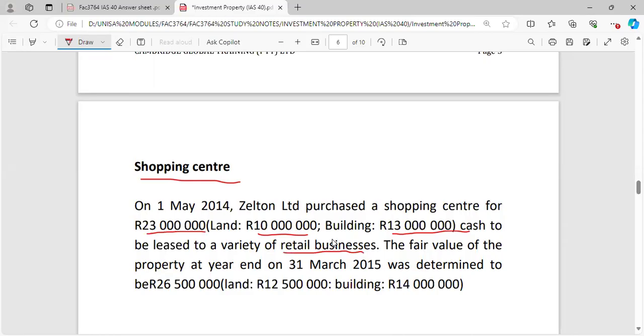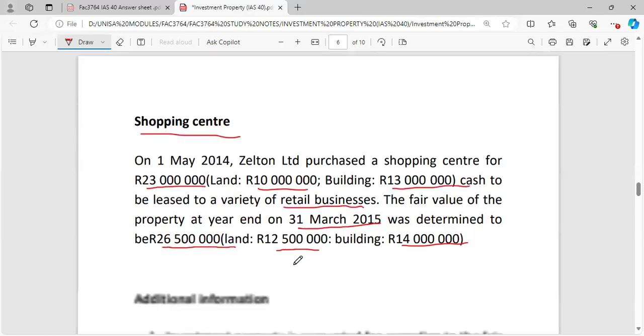The fair value of the property at year end on 31 March 2015 was determined to be 26,500,000. That is land 12,500,000 and building 14 million.